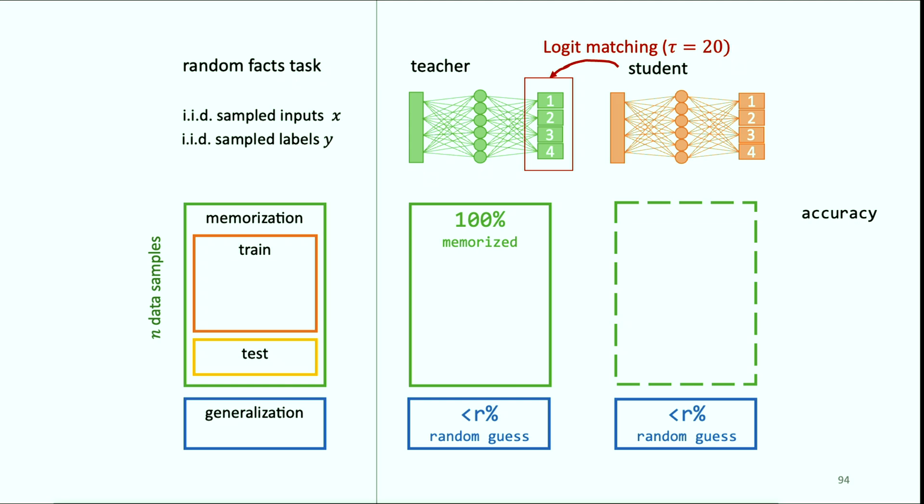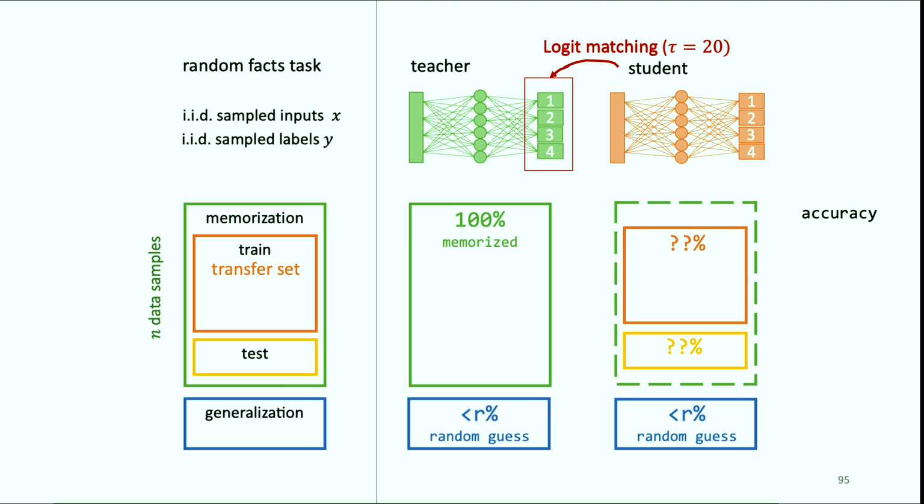And in dataset distillation, you would usually call the set that the student actually sees a transfer set or a core set. And then the question is, how good is the student on these different types of data? If I train it on this part, will it learn anything more about the test set that goes beyond random guessing?